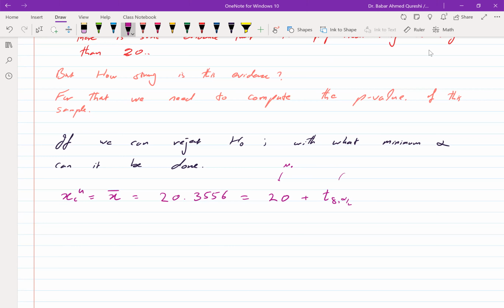This time you will compute the critical value from this formula. This is 0.6126. What is this? This is the sample standard deviation, and divided by 3, which is square root n.